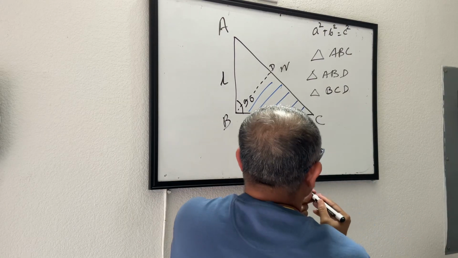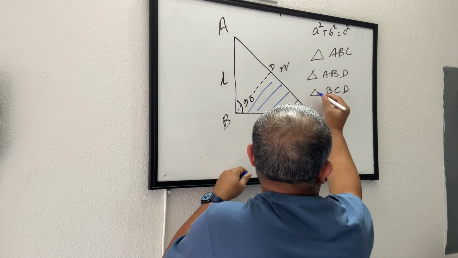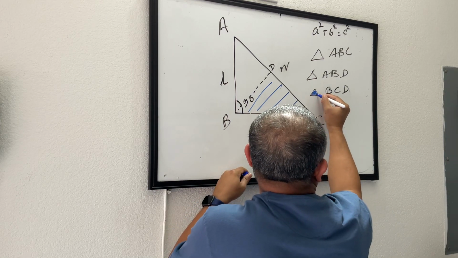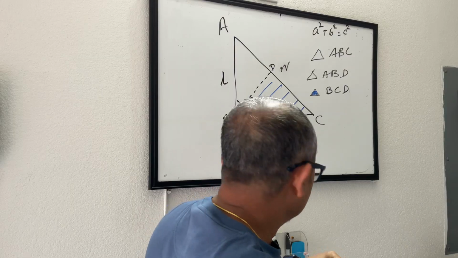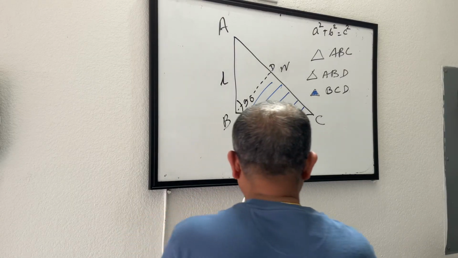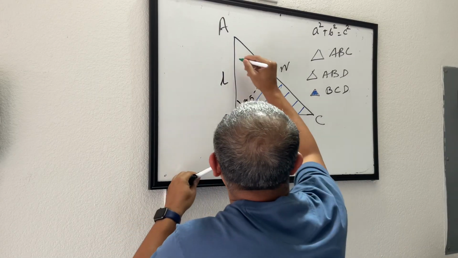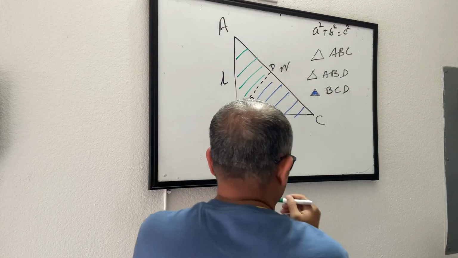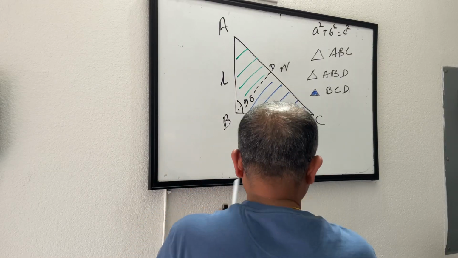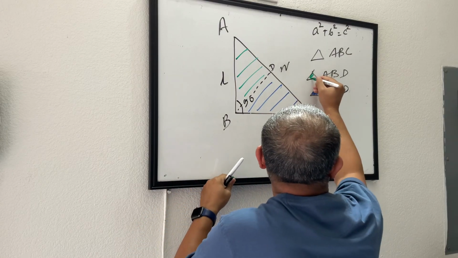Since this is a blue triangle, just to stay color compliant, I have colored it blue. And then you have a green triangle, that is this one, ABD.